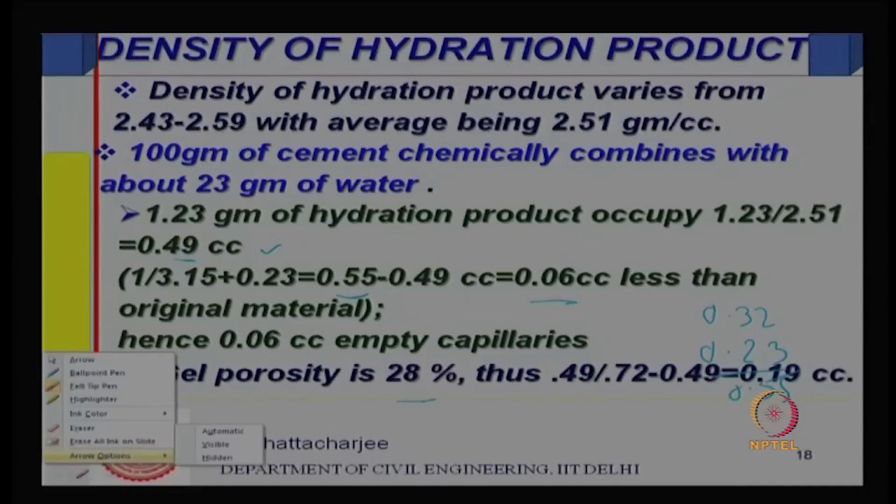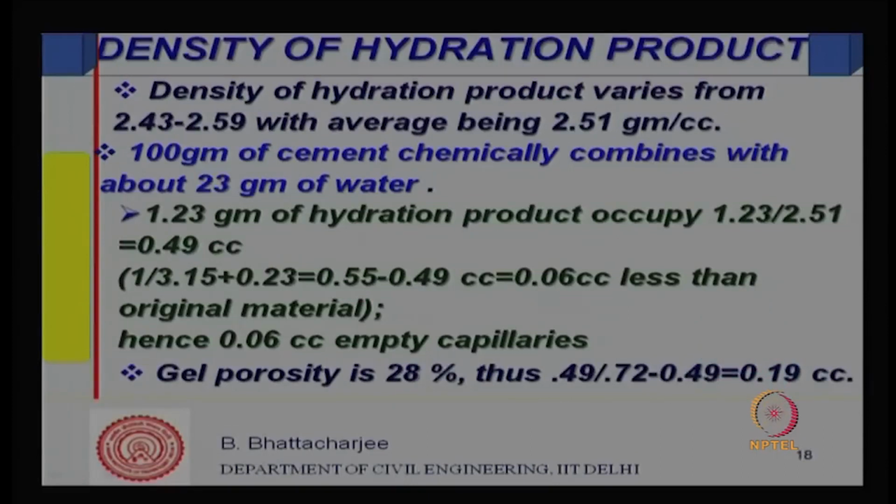Therefore, 0.49 divided by 0.72 gives you roughly about 0.68, and the difference gives you 0.19 cc. So, the gel porosity, or gel pores, is 0.19 cc.